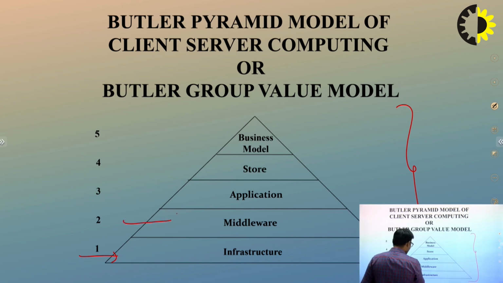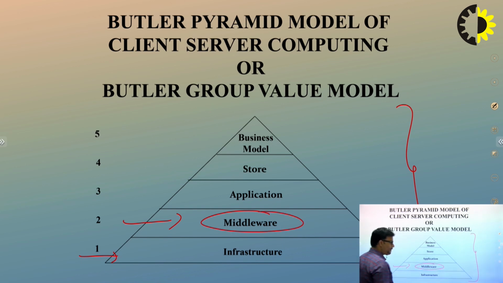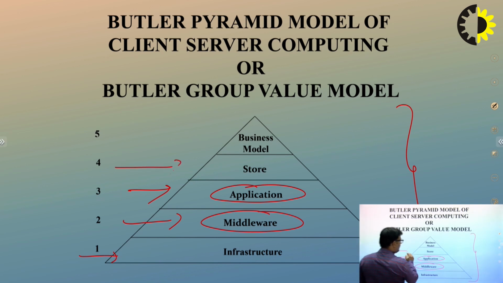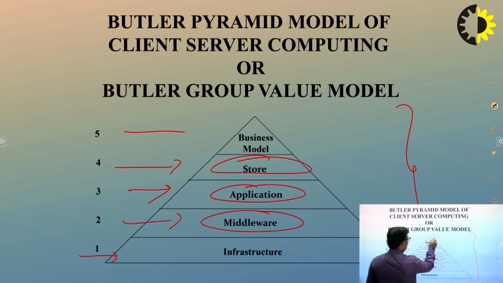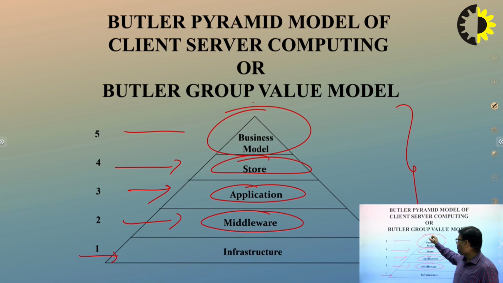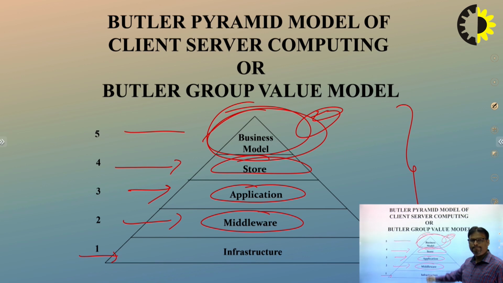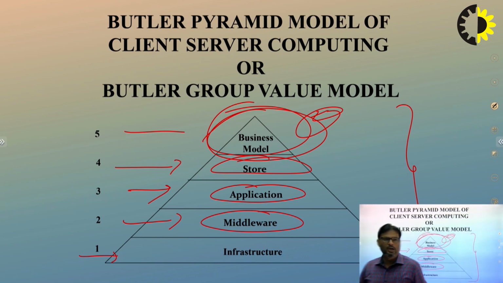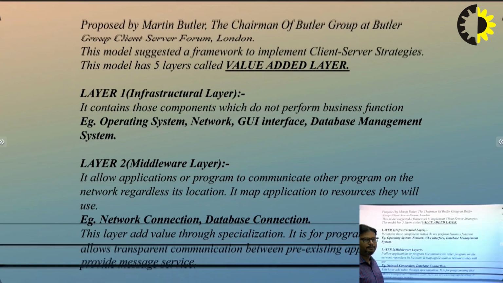Second, the middleware architecture. Next, which types of application will be used. Third, what is the storage process of our business. And next, the business model: what you want to show of your business model to others. These are the peak points, the main things that will be shown to the client. This process is called the Butler Group value model.